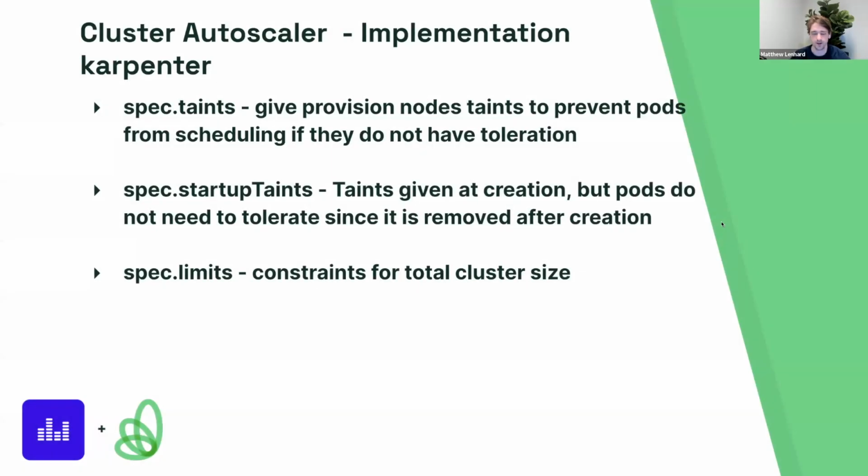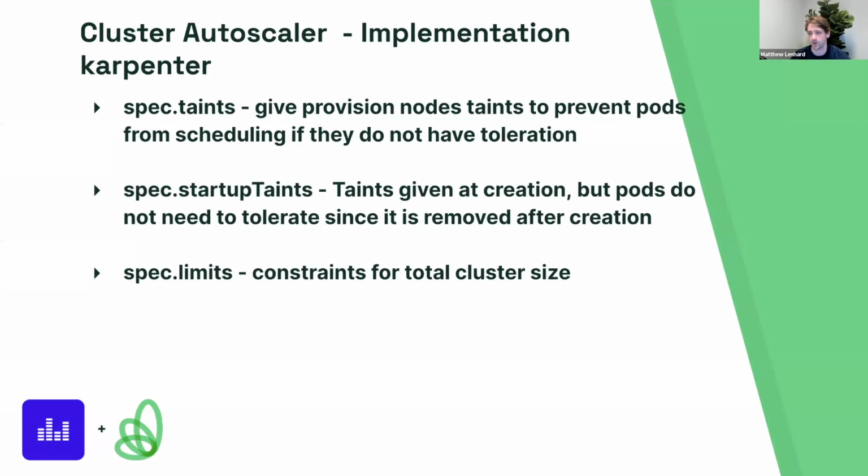There are a few core things in the implementation of Karpenter I want to call out. In the spec, you want to set up the taints, which add taints to the nodes when they're provisioned. This is to control which pods will get scheduled on that node.